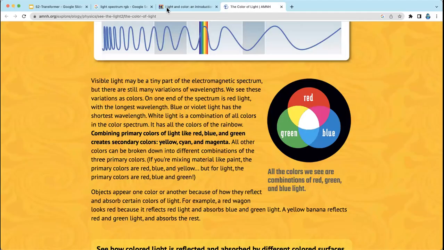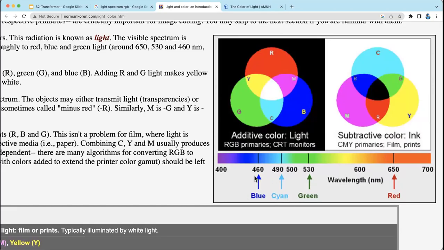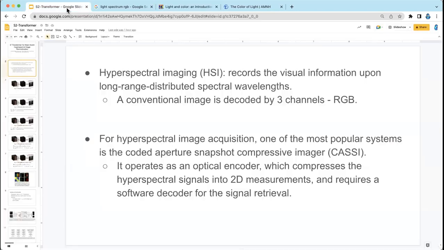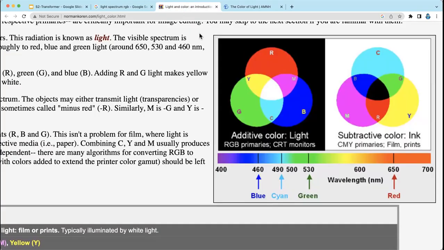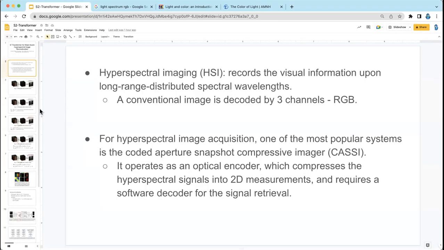Instead of having only blue, green, and red, we have a wide range of colors in different frequencies, in different wavelengths. In this dataset, they have 28 different colors with different wavelengths. So that's the basic knowledge.